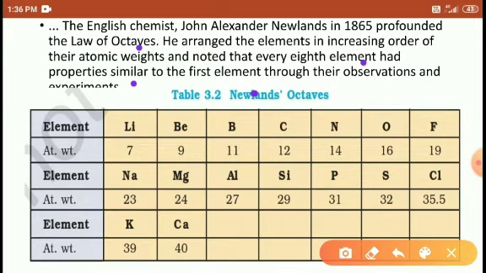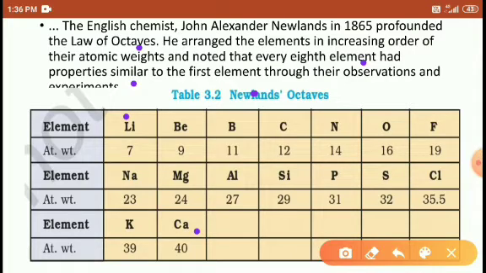Here he arranged the elements from lithium to calcium. He stated that every eighth element has physical properties similar to the first element. This is the statement. Once again I will explain.